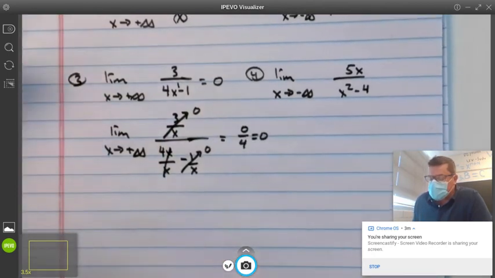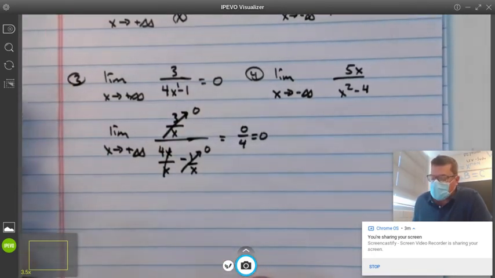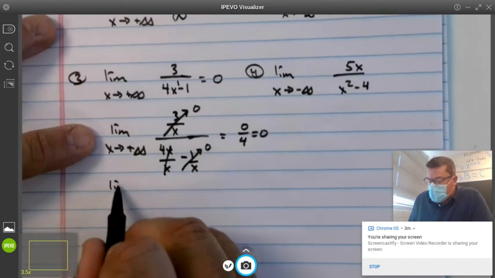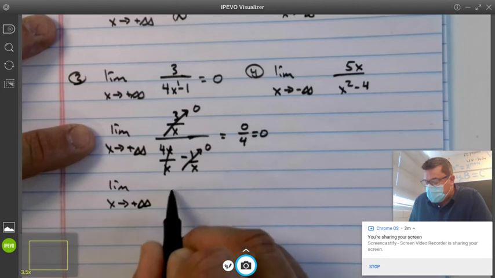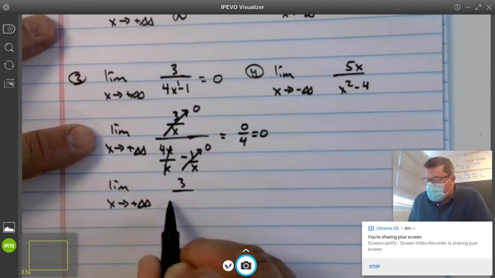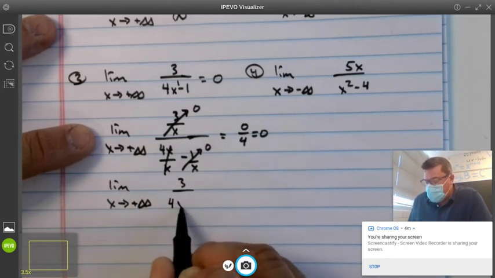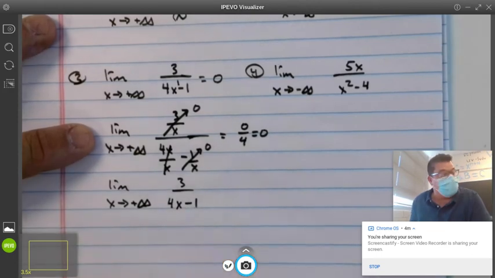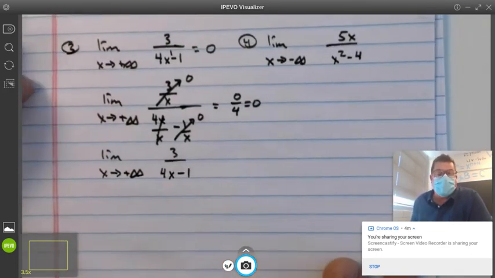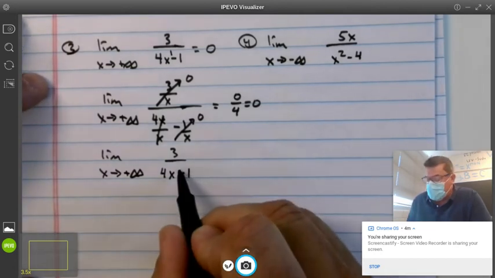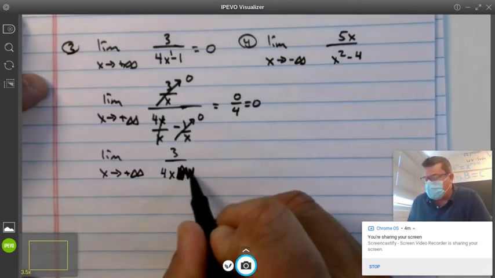Here's what I like to call the Smith method on these problems. So if the limit as x approaches positive infinity on polynomials only behaves like the highest power of x, then the top behaves just like that. The bottom behaves just like that.